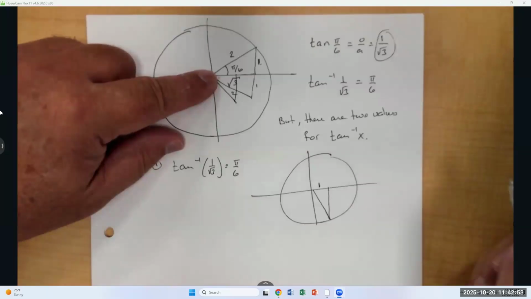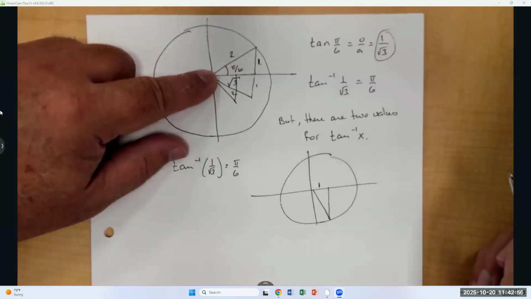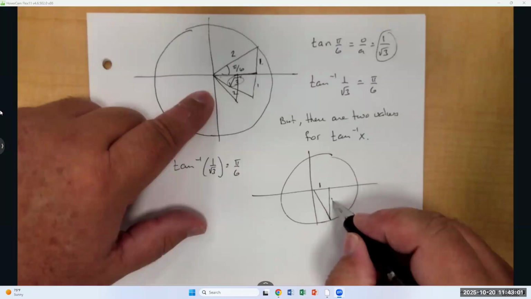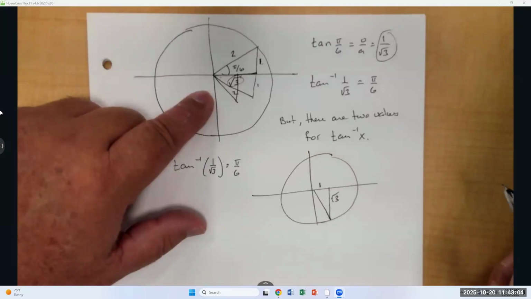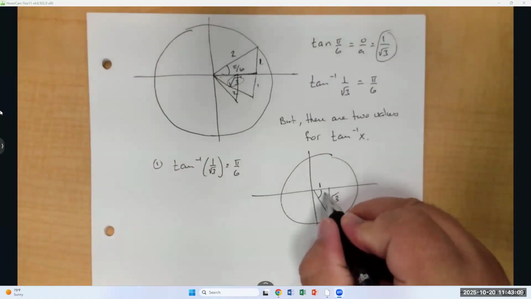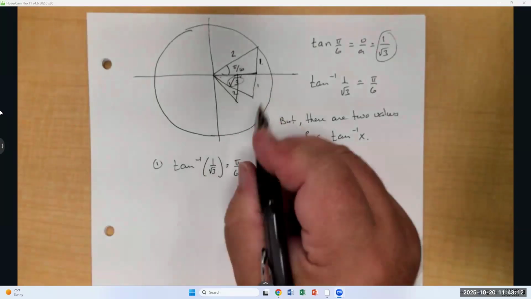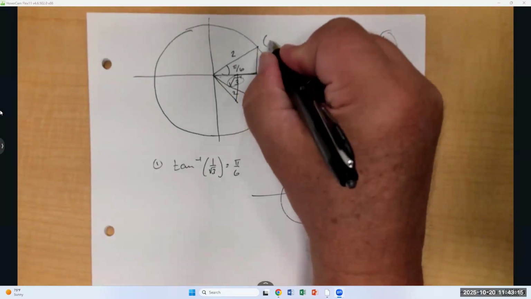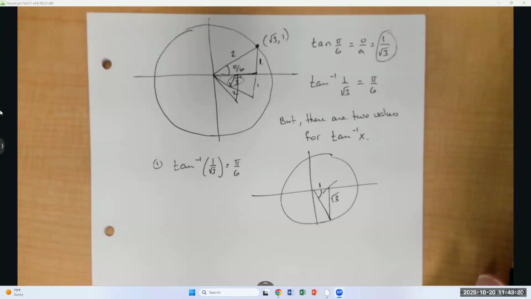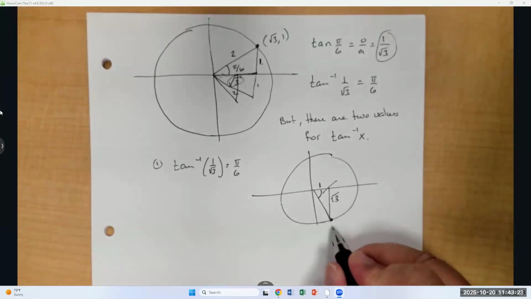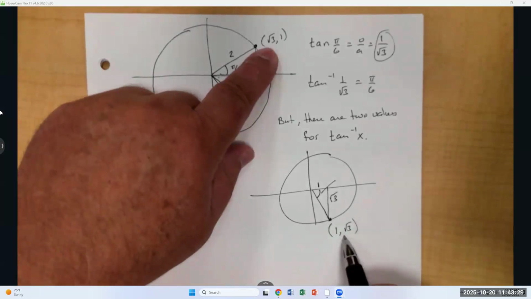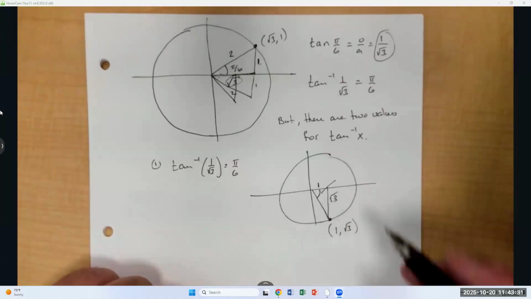Now it's the value for x. The x value here used to be radical 3, so that's my y value. Because now, if I switch x and y values, I have the point radical 3, 1. That's that point of that line right there. So I go over here now to 1, radical 3. I took the x, I switched x and y, I could find the inverse tangent of this one.